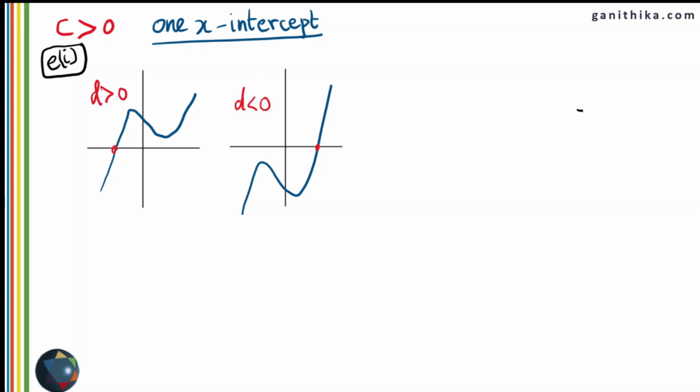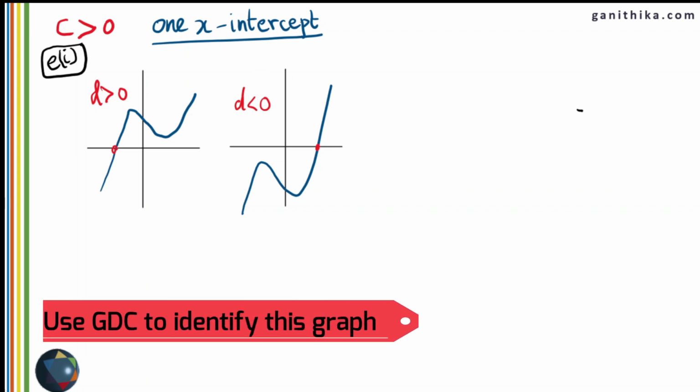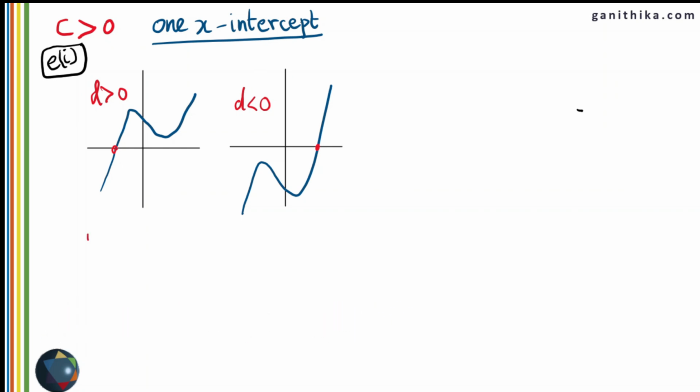Use some positive values of c and negative values of d and identify what type of graphs you are going to have for positive c value and negative d values. So you can identify the two different types of graphs when c is positive, one graph for d positive and one graph for d negative. Once you identify these two things, you can also identify what happens to y maximum and y minimum in these two cases.